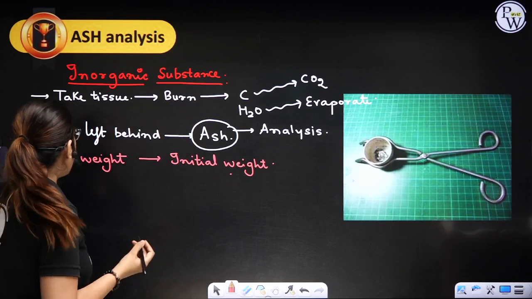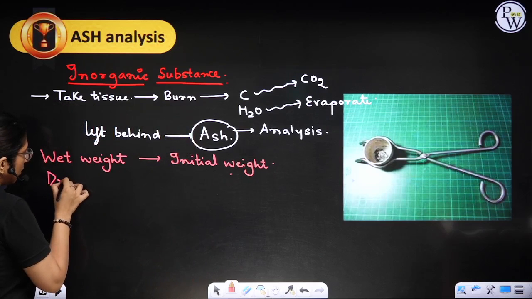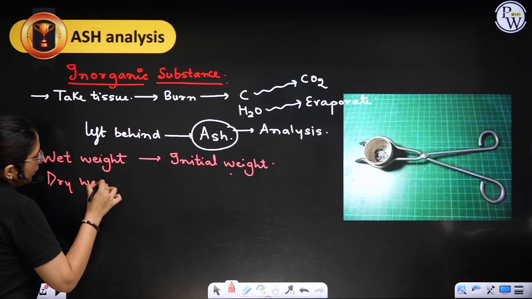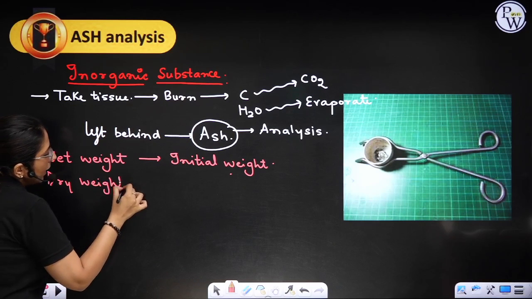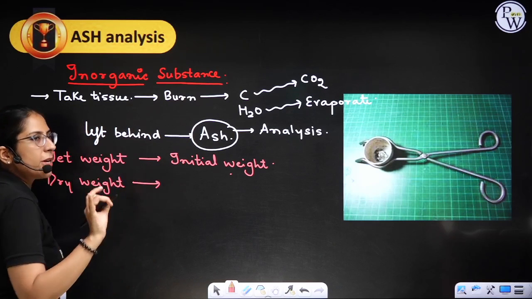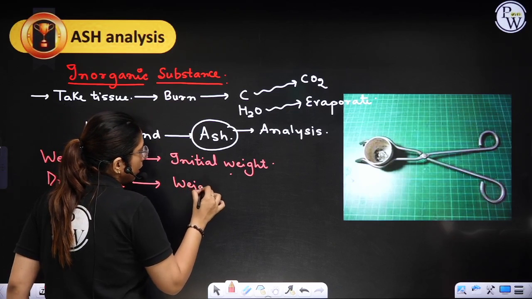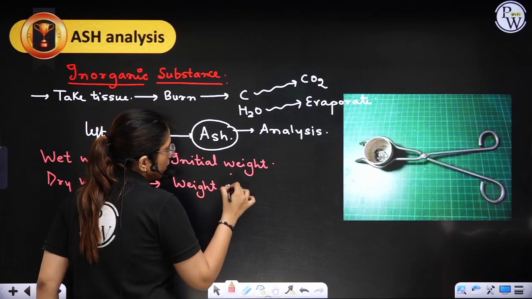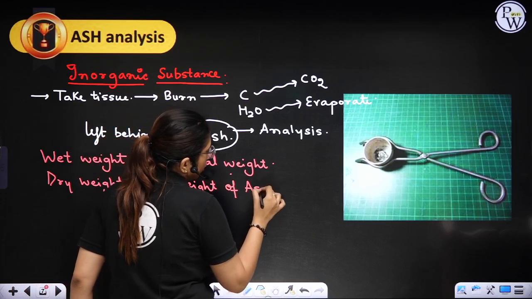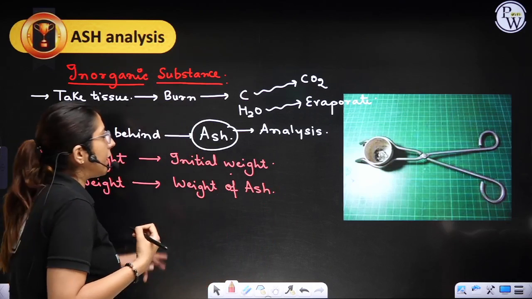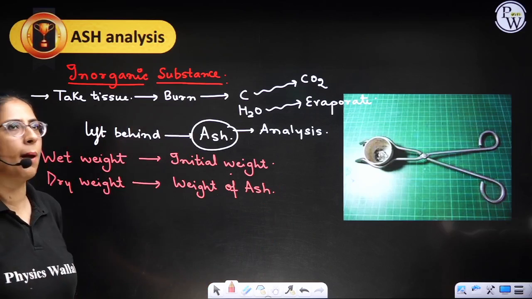Clear? And the dry weight. What is the dry weight? That means after removal of the carbon dioxide, when you weigh the ash, the weight of ash is termed as the dry weight. These are the two different words which you have to remember.